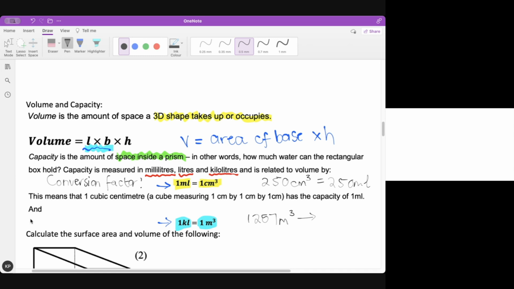That'll give me the same amount, isn't it? It's 1-to-1. So it will be 1,257 kiloliters. Done.